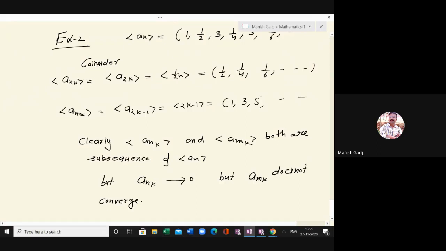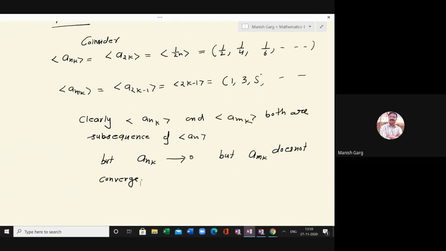So by the previous theorem, which says if a_n converges, then every subsequence must converge. But here we have a subsequence a_{m_k} which does not converge. So finally you can say the original sequence a_n does not converge.